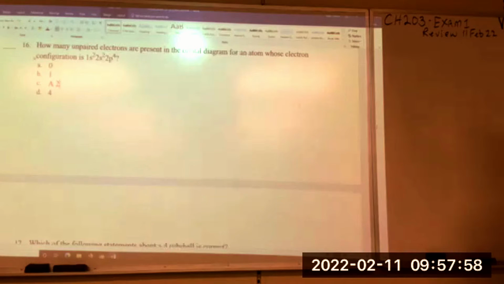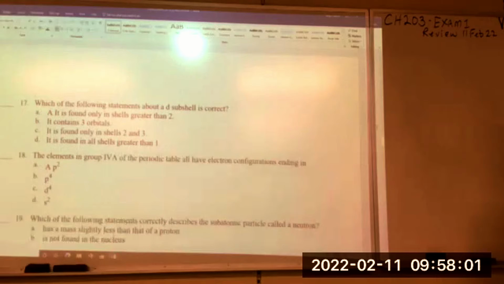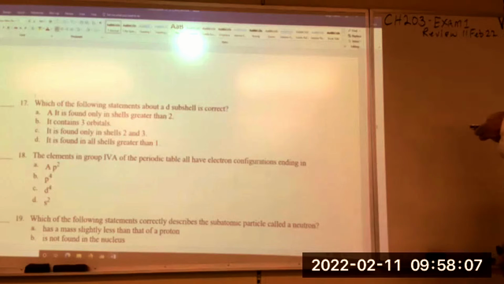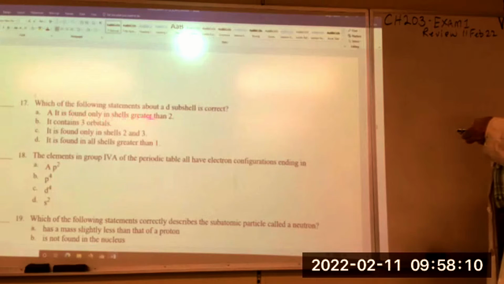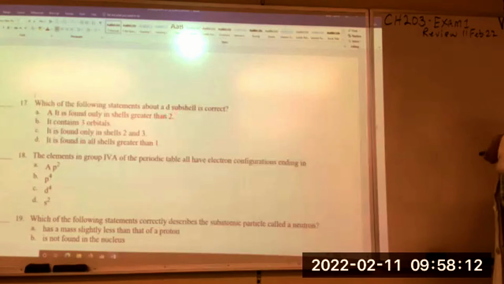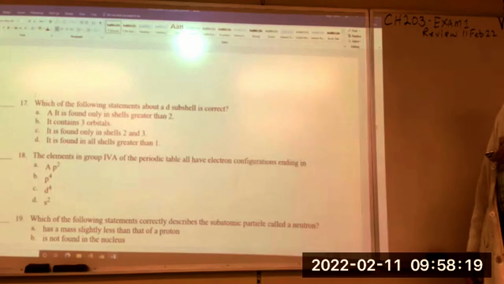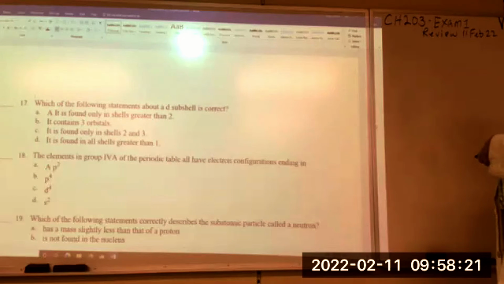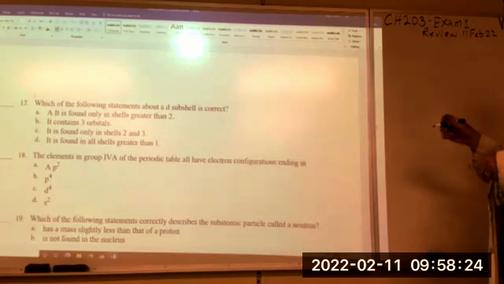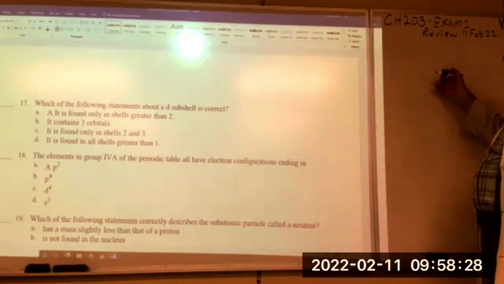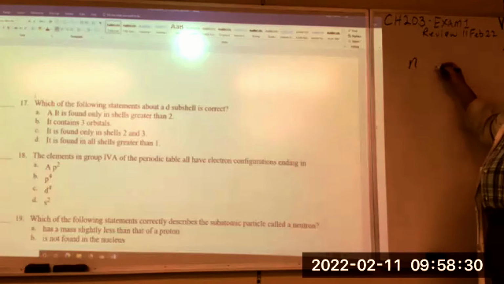Okay. There we go. Which of the following statements about a d subshell is correct? Oh, I didn't know this was coming up. It is found only in shells greater than 2. Actually, greater than or equal to 2. Well, let's see. Hold on a second. Shells, not subshells. Shells would be the principal quantum number, right?